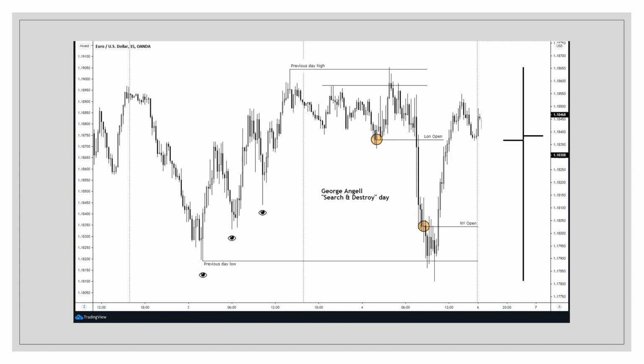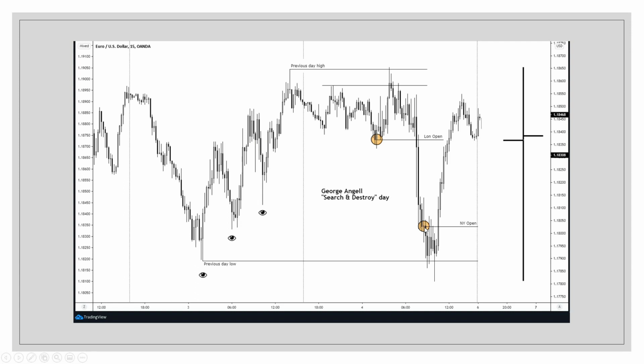And so you see that on this day here, on the 4th, you had your London opening price. Price rallied above these equal highs here. Also ran the previous day's high, not by much, not by very much, but nonetheless, it still ran previous day's highs and then collapsed.